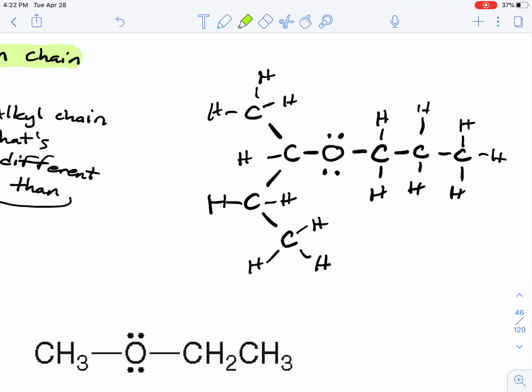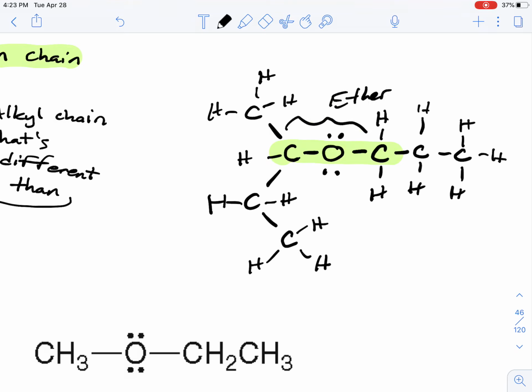If you are trying to identify the presence of an ether in your organic compound, you're looking for a very specific pattern, which is COC. If you have a carbon that's single bonded to an oxygen, and that same oxygen is single bonded to a carbon, then this is going to represent your ether.